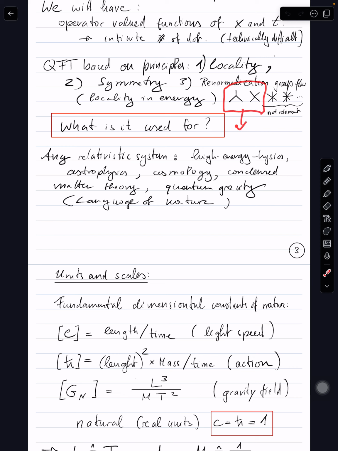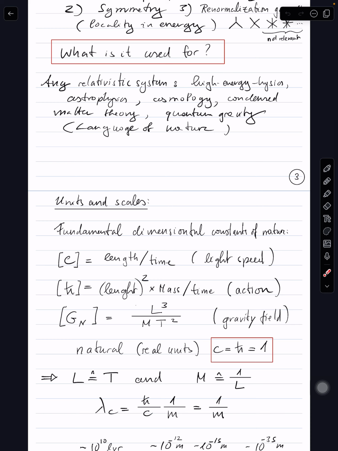In other words, if you increase your resolution of observing a particular fundamental theory, the theory in the typical case gets simpler in its fundamental description.